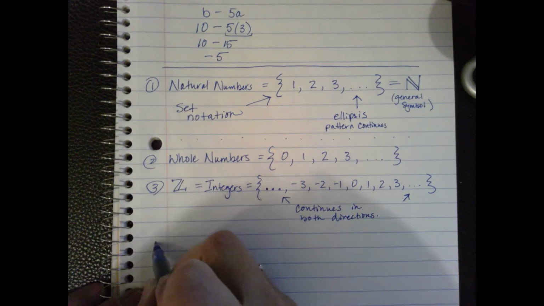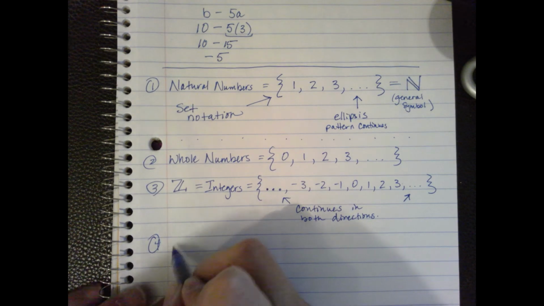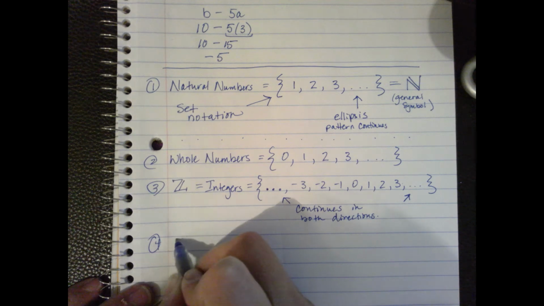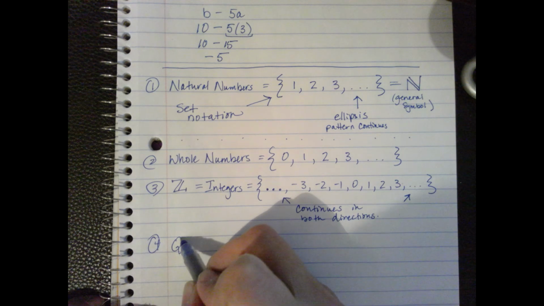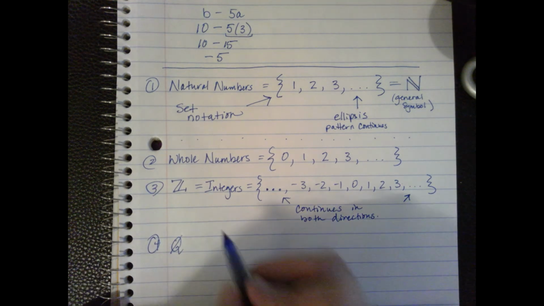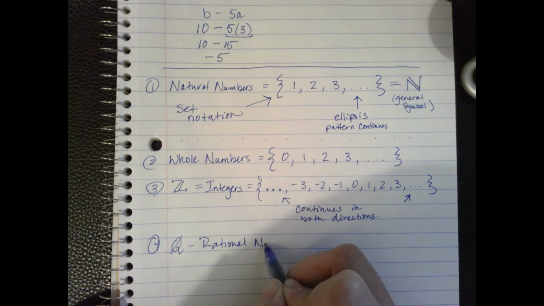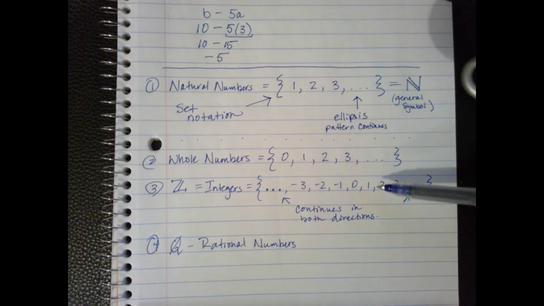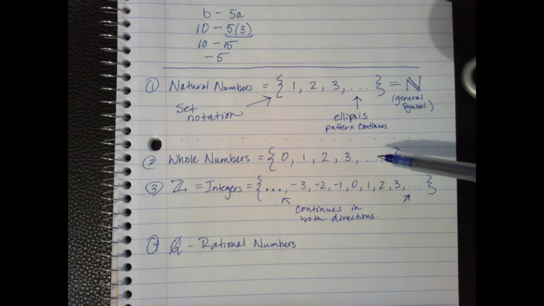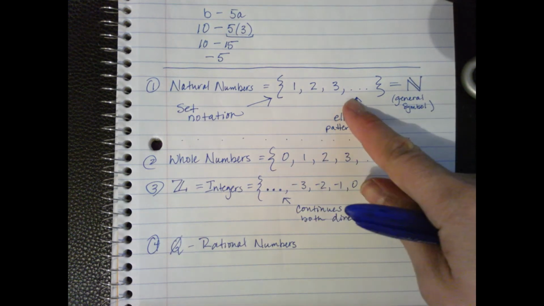Now the next set of numbers, number 4, we want to talk about the rational numbers. The general symbol for the rational numbers is a double struck Q. The rational numbers. Now, for the first 3 sets that we've talked about, set notation is fine to just list out the beginning elements of our set.